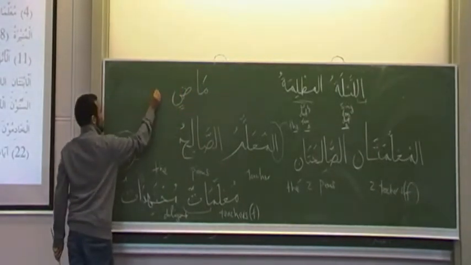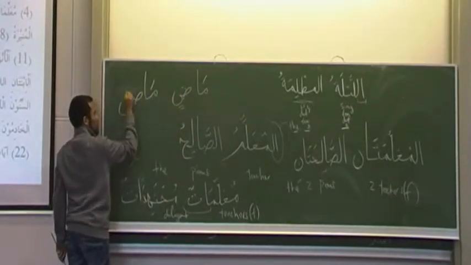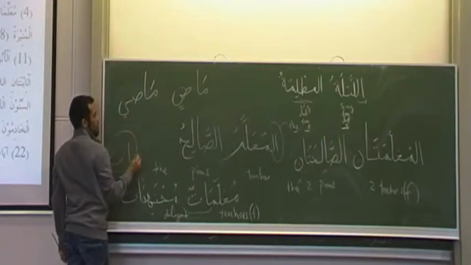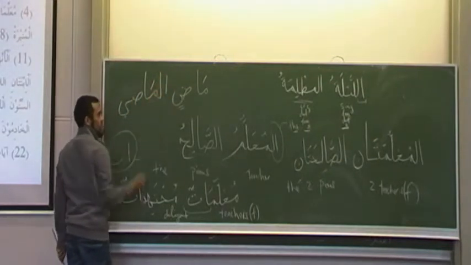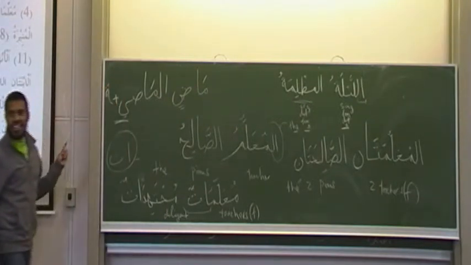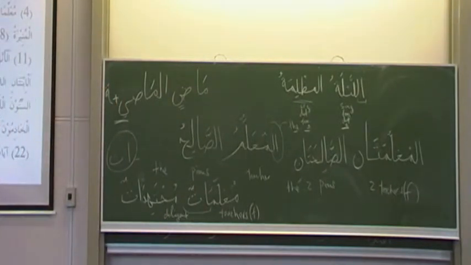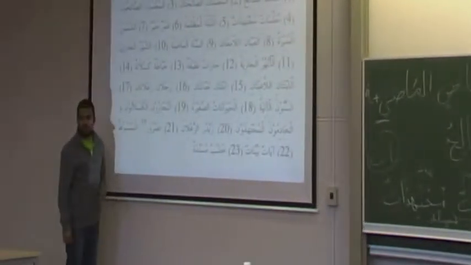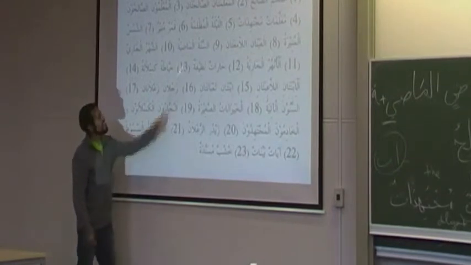And we're describing it. With me? But they both must be definite. And then later on we must add the ta marbuta, because as-sana is feminine. Because sana is feminine, whatever describes sana must also be feminine. So as-sanatu al-madiyatu. So do the check.